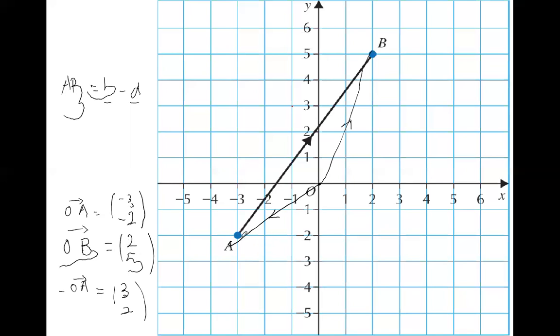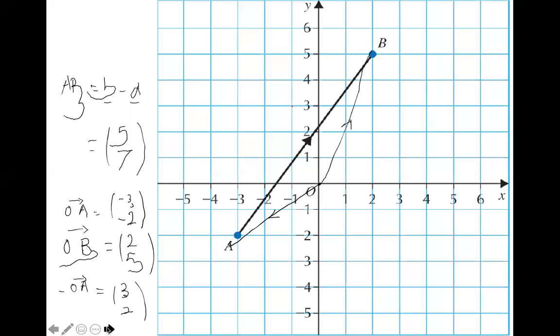So you can see now, to go from A to B, I need 1, 2, 3, 4, 5 on the right, so that's positive 5. And from this point here, I need 1, 2, 3, 4, 5, 6, 7. So that's how you would represent AB. It's (5, 7). And if you were given these points as coordinates, (2, 5) for B, and (-3, -2) for A, you could rewrite your vector AB. Okay?